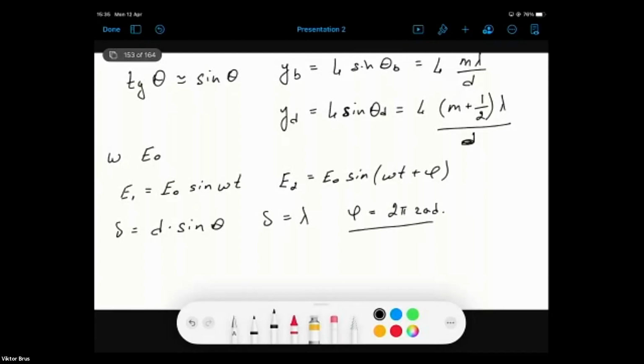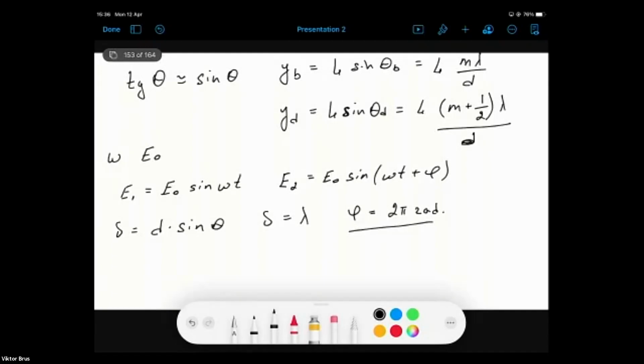It's kind of one cycle lagging behind because of this path difference, but they will come in the point of observation in phase. But from this relationship, we can, in other words, claim that the phase difference of delta is the same fraction of lambda of the wavelengths as the phase difference phi is of 2 pi.